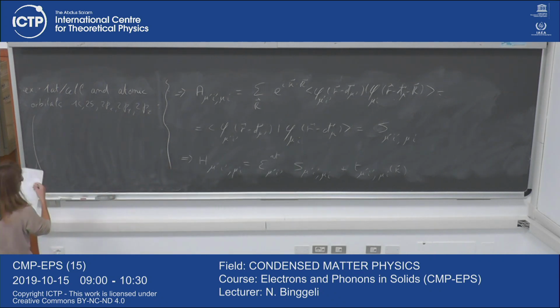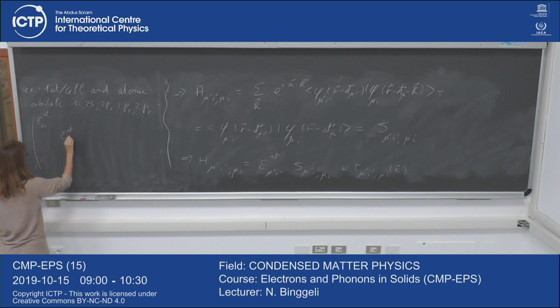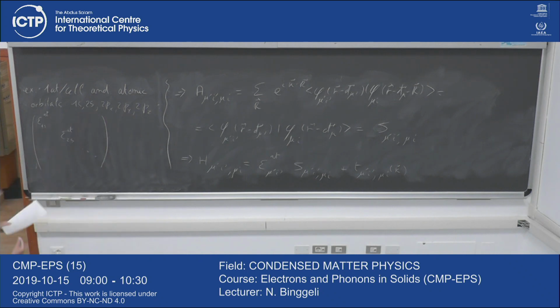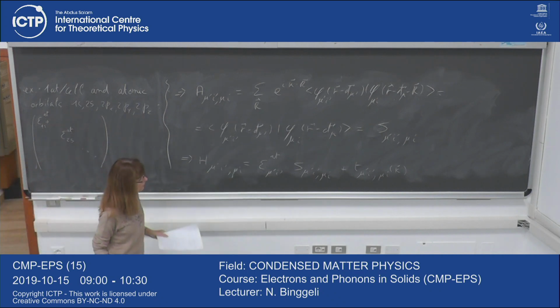H will have the atomic energy in the diagonal. So for the 1s state, 2s state, and so on. It's going to be a 5 by 5 matrix with my 5 tight binding functions from these 5 atomic orbitals. So this is the energy here.